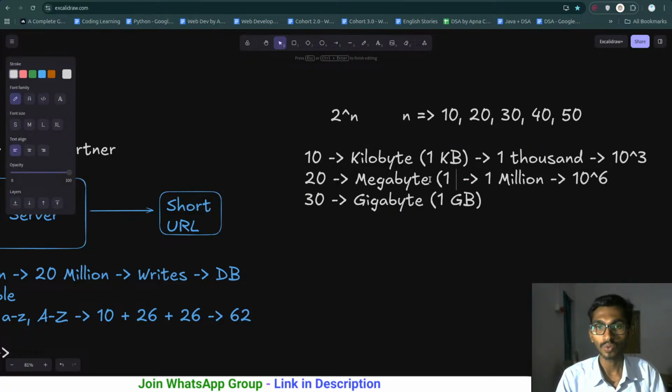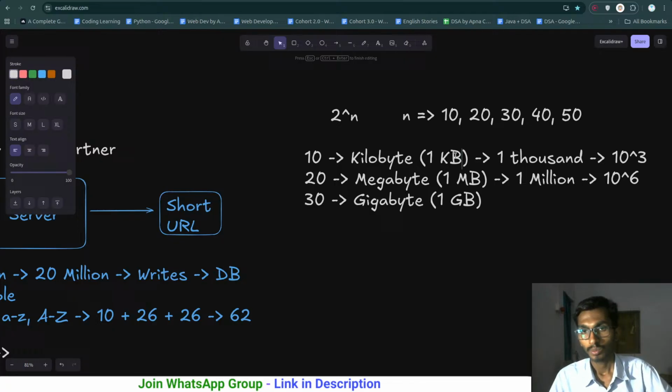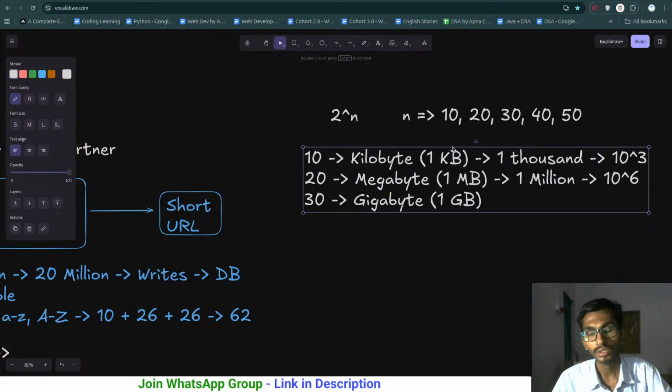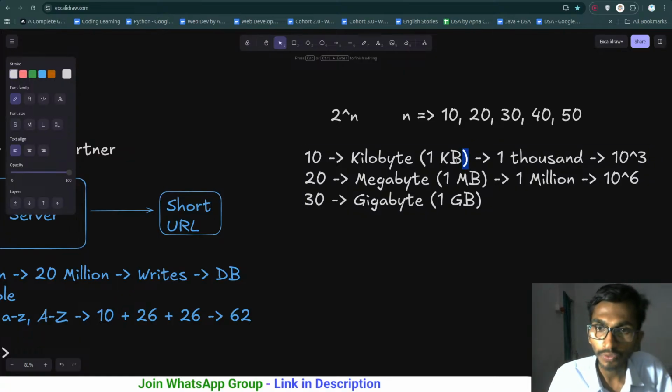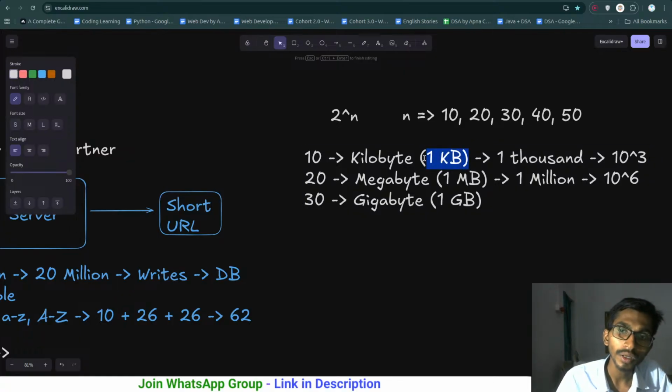So that's 1 MB, and 1 MB has around 1 million bytes, because 1 KB has 1000 bytes. That's insane. Even thinking of this makes me crazy, that 1 KB has 1000 bytes.